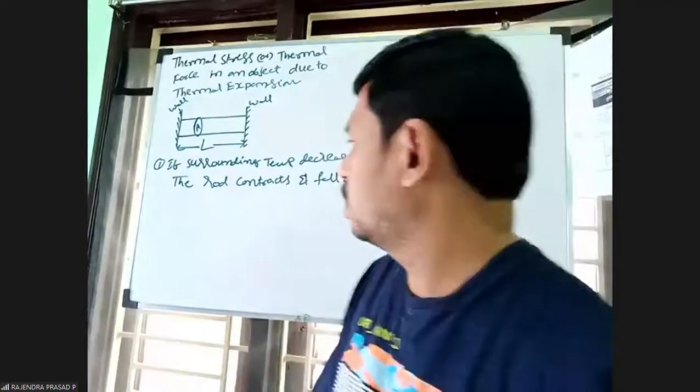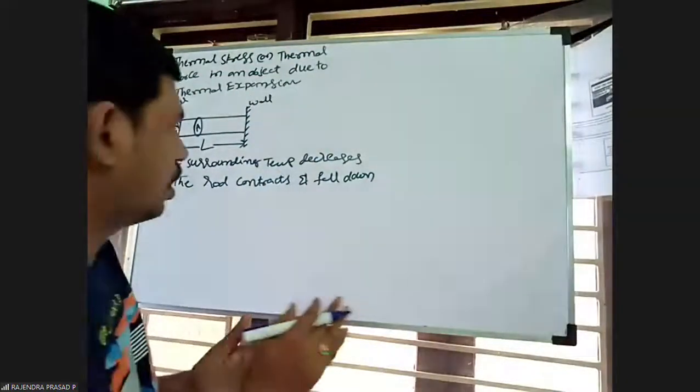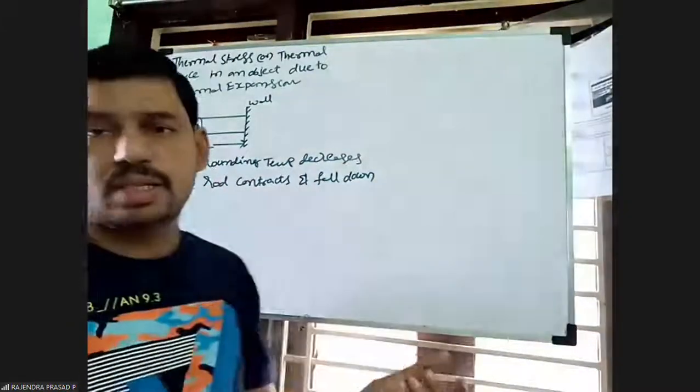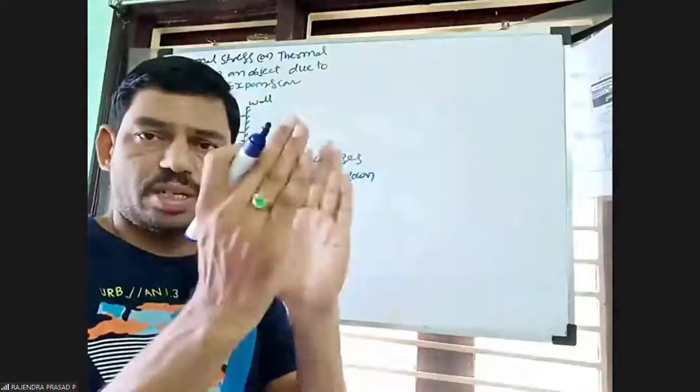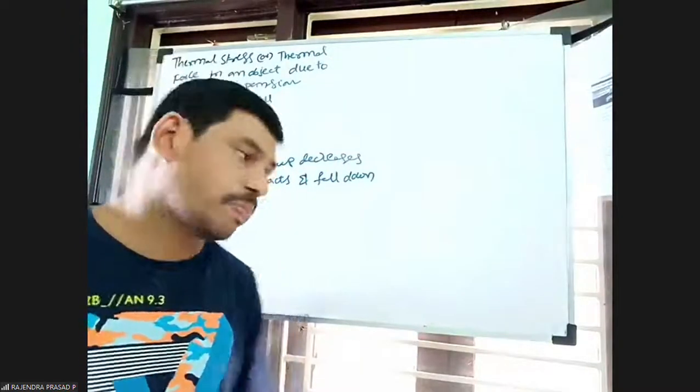When the surrounding temperature decreases, the rod contracts and falls down.